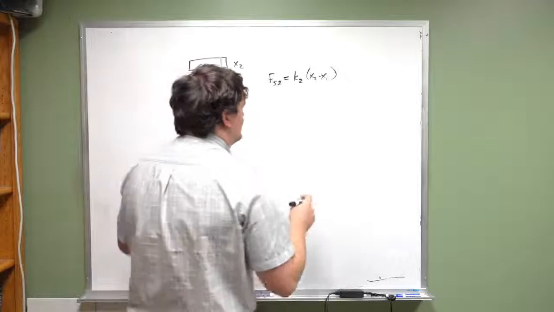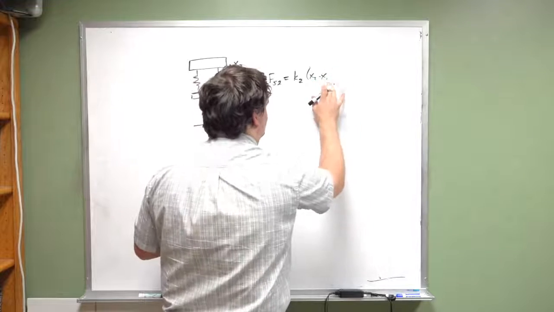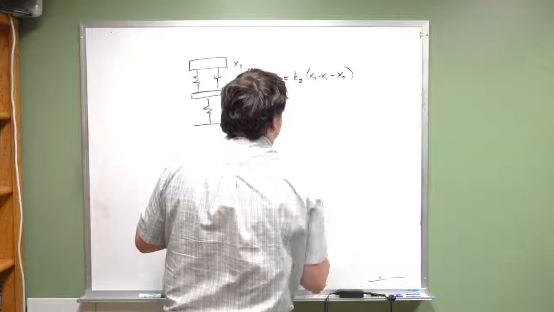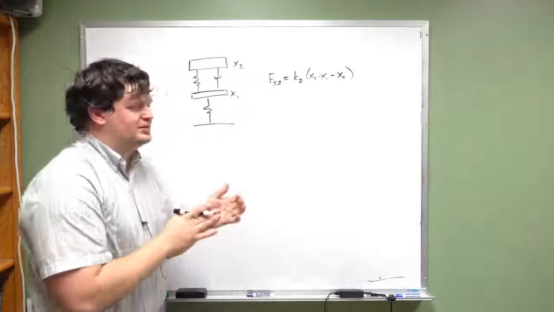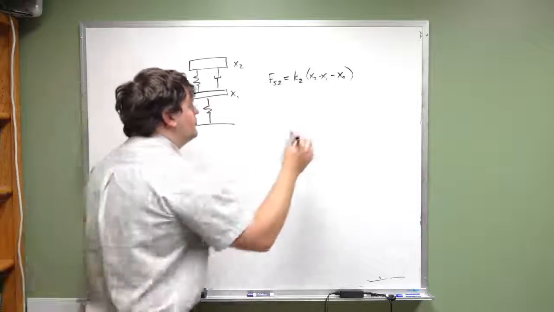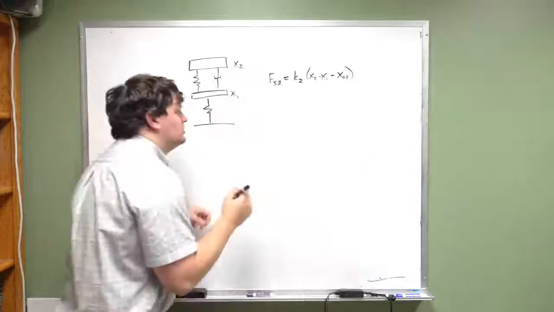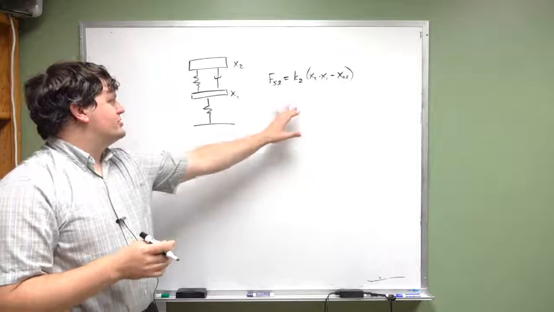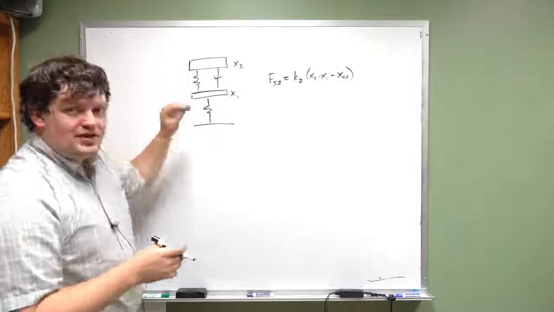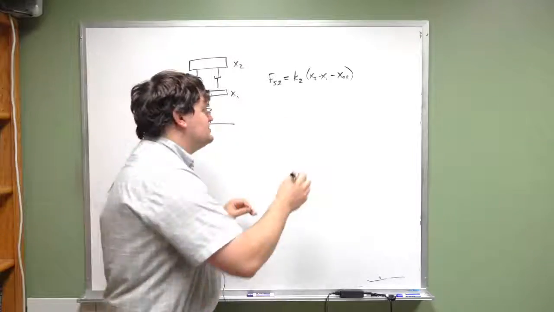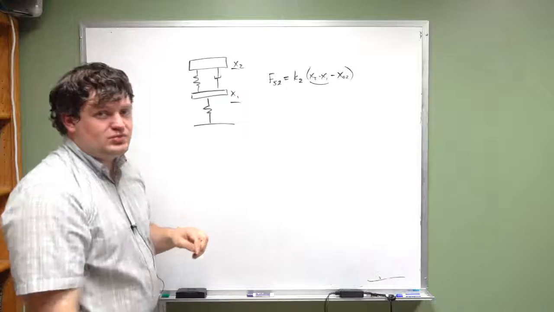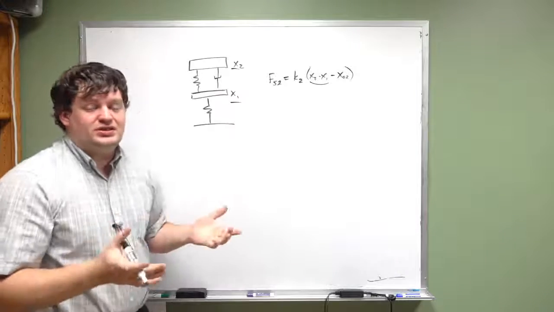This was x2 minus x1 minus x naught, which was the original length of the spring. So when we had this equation, and this is the force in the spring, we were trying to figure out what that force in that spring was. The issue is it relies on both the displacement of those two members in order to really figure out what this is.